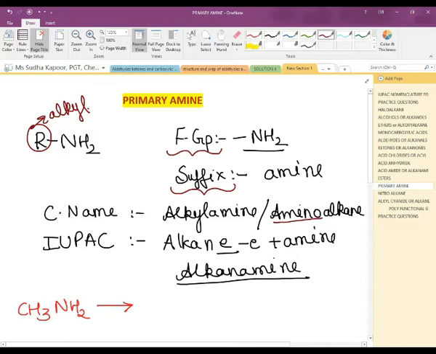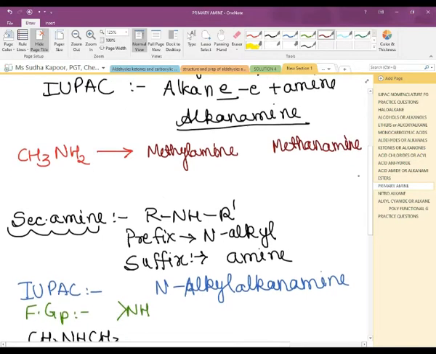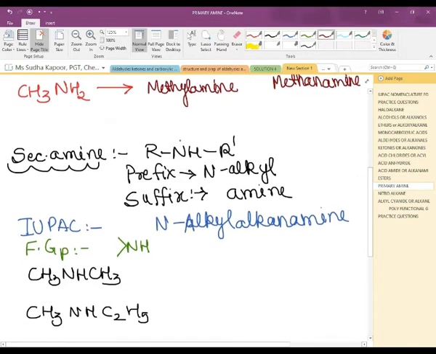So let us come to the first example, that is CH3NH2, 1 carbon, common name methylamine. And in the IUPAC system, it will be known as methane, E removed, methanamine. The secondary amines are those in which the amino N has 2 alkyl groups. So the prefix used in this case is N-alkyl, although the suffix will remain the same as amine.